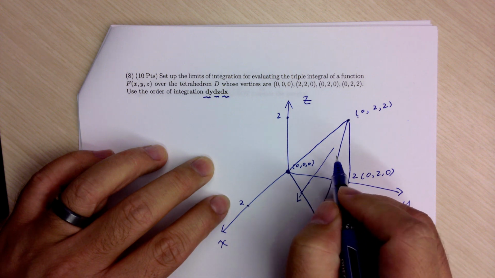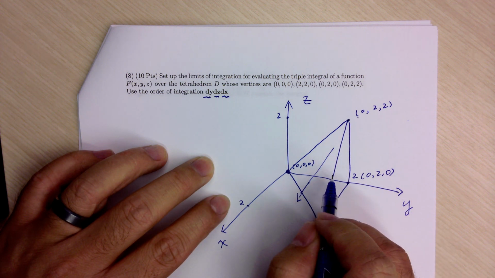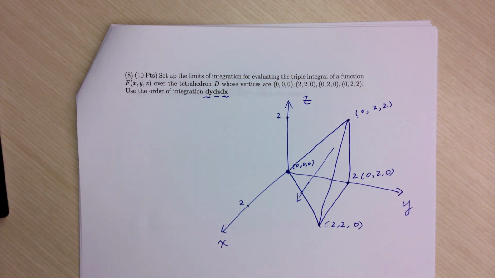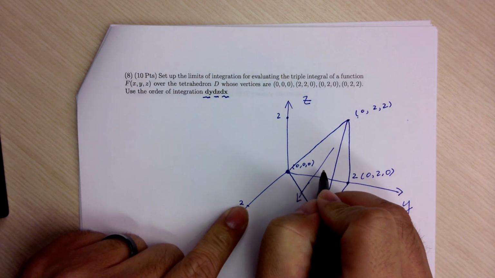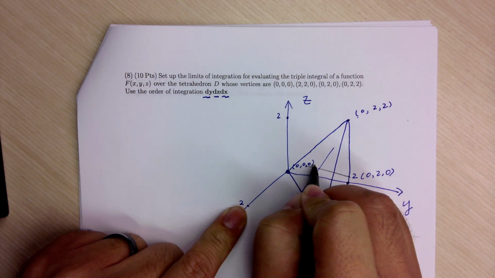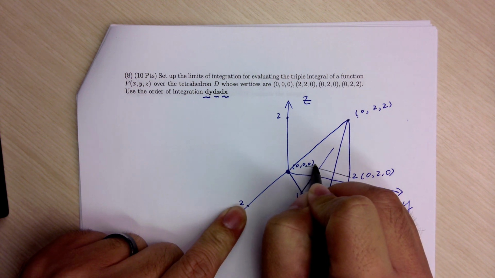So in other words, let me use a different color to see if I can have a different one. Yeah, so if we are looking at dy first, you're going to draw an arrow in this direction.